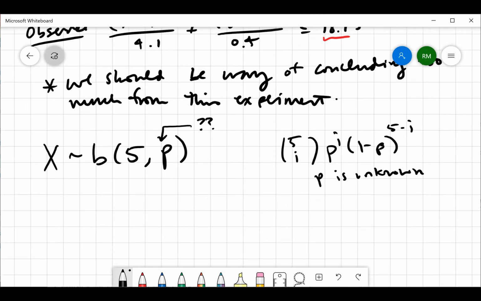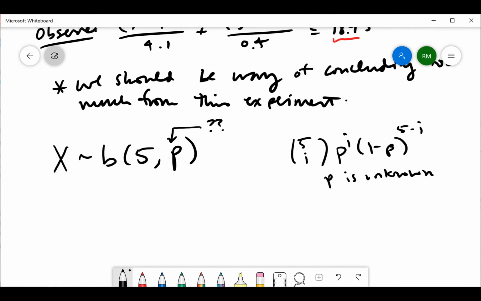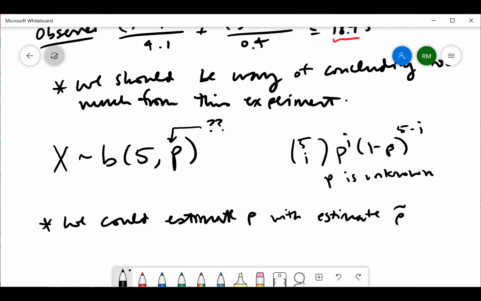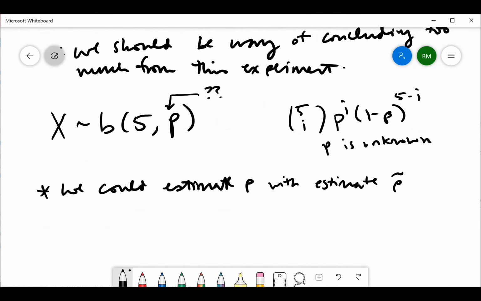So one way to get around this difficulty is we could estimate p using the information we have. We often call these estimates p tilde. And we want to find a p tilde that minimizes our chi-square value.